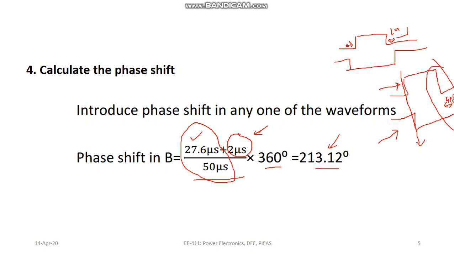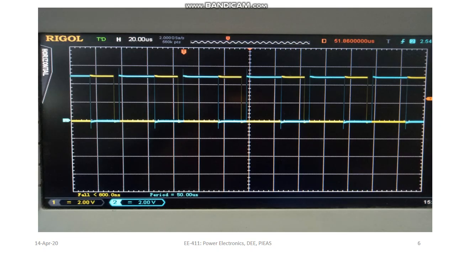And how much is that? It is by this time period, 2 microsecond. So now the waveform that I will get will be of this kind. This is the case that I am talking about.